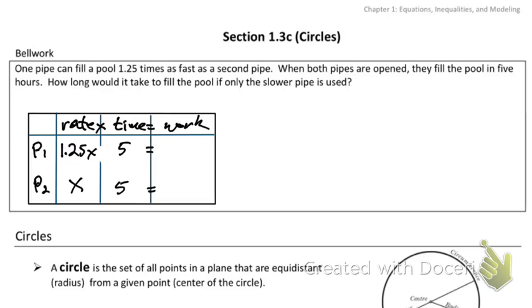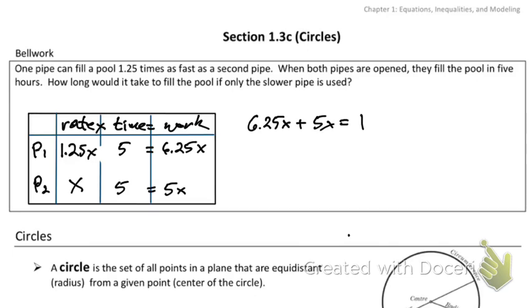Well, that's 5 plus 5 quarters, so that's going to be 6.25x, and the other one's going to be 5x. So this says when they spend this much time working, they fill up one pool. In other words, the amount of work that pipe 1 does, plus the amount of work that this pipe does in 5 hours, will equal one full pool.